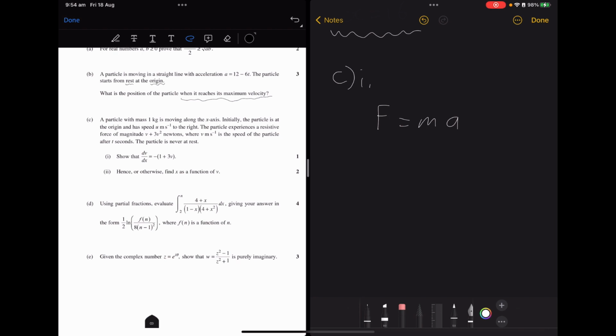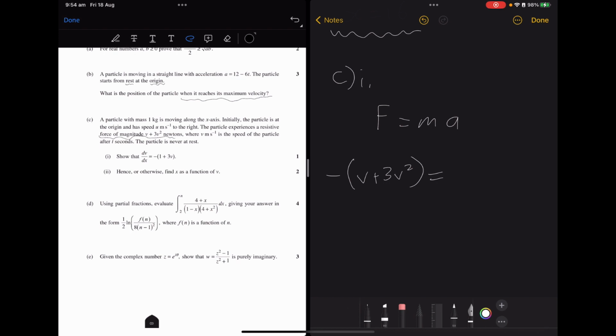Our force has magnitude v plus 3v squared, and remember, this is resistive, so it goes against our particle. Hence, on the left-hand side, we'll have force equals negative, because it's going against our particle, v plus 3v squared, equals mass times acceleration.